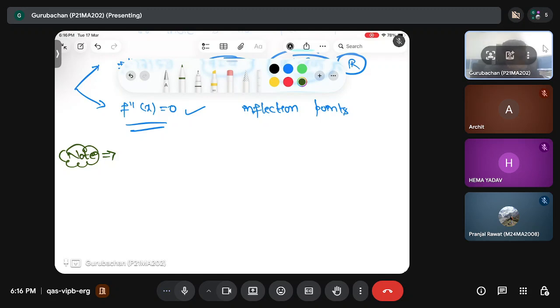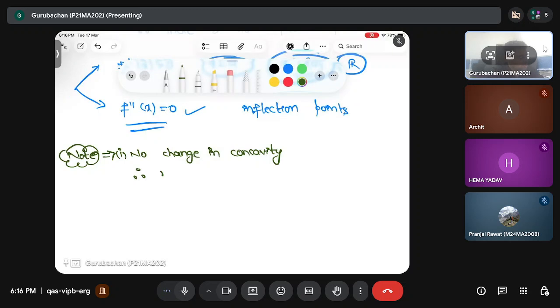So no change in concavity. This is your first point.